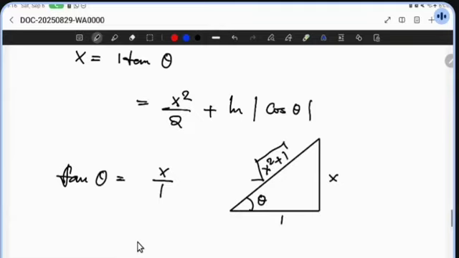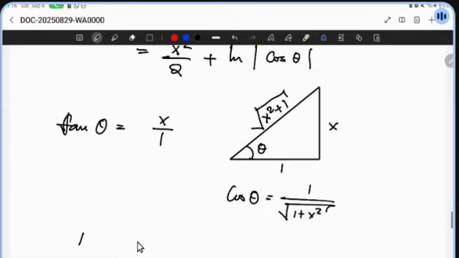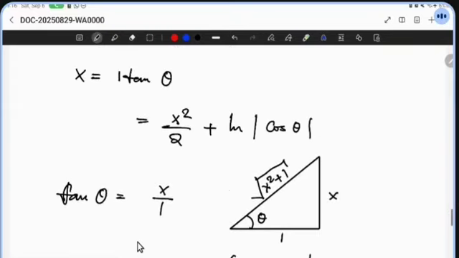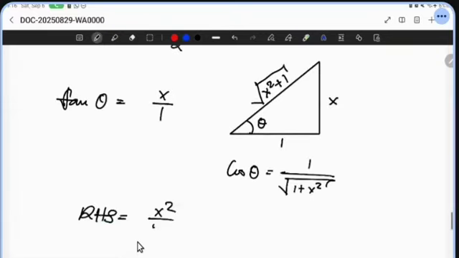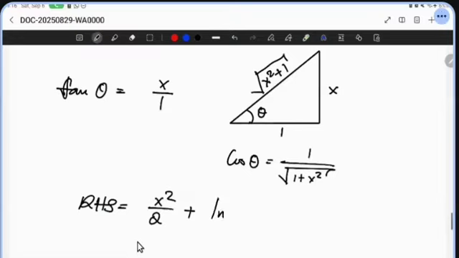Meaning that cos theta is equal to adjacent 1 over root of 1 plus x squared. So our expression for the right-hand side is x squared over 2 plus ln of 1 over root of 1 plus x squared.